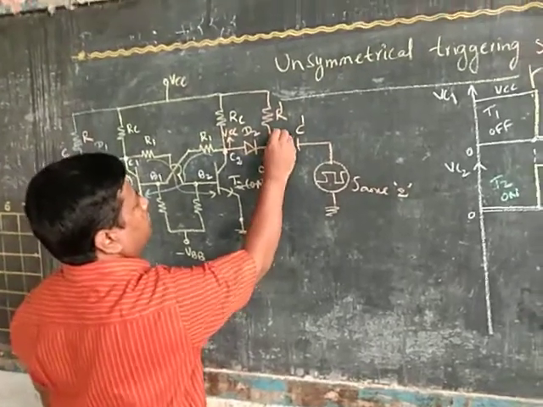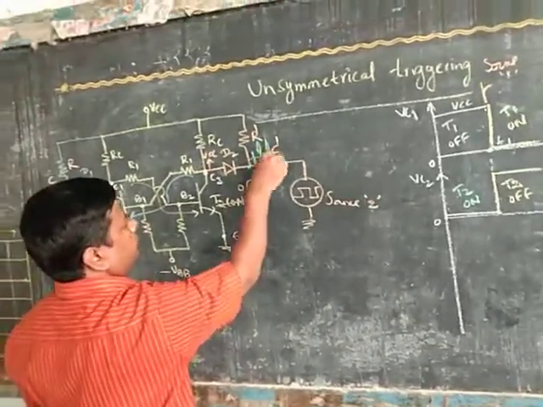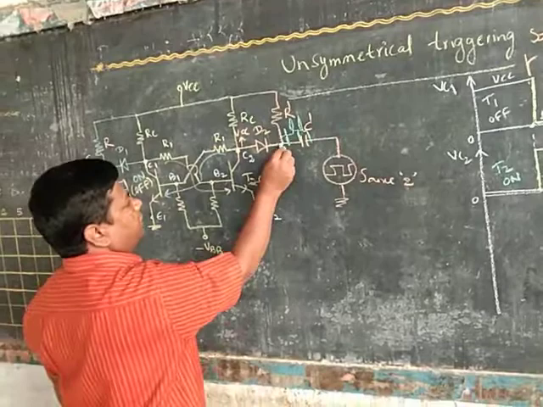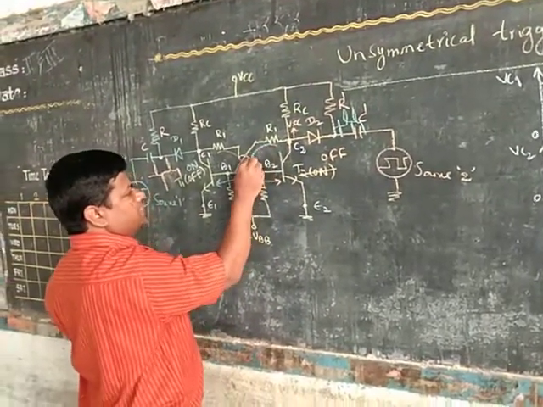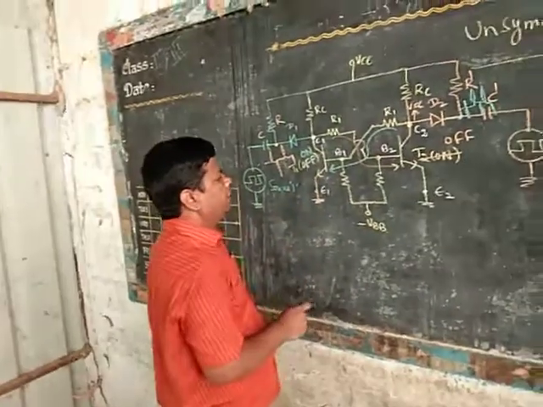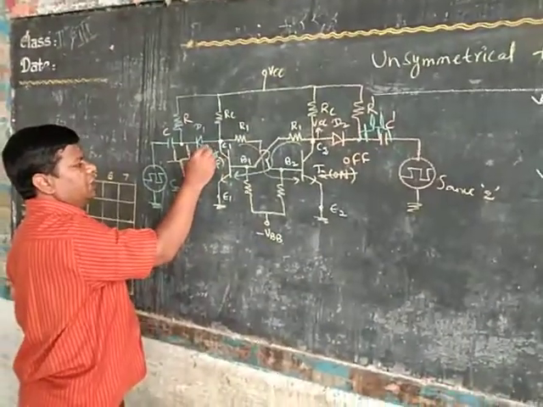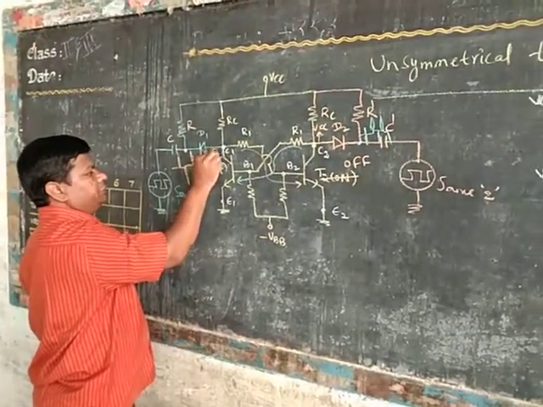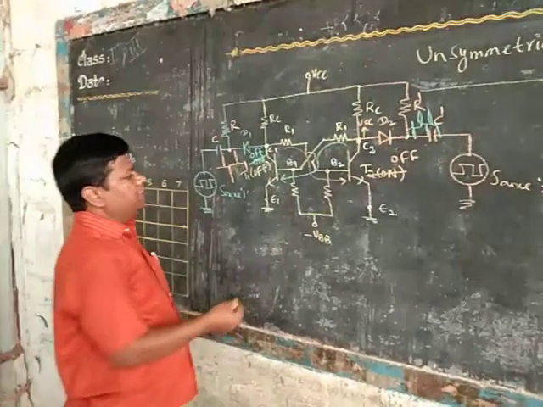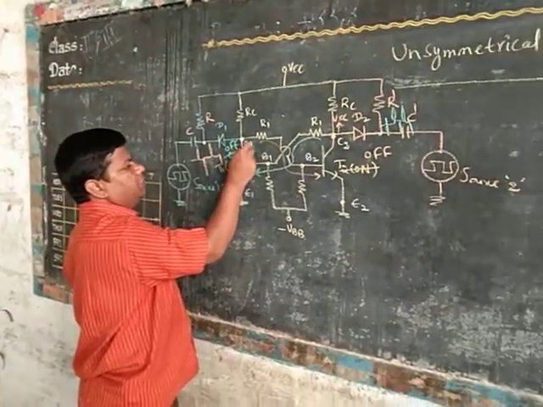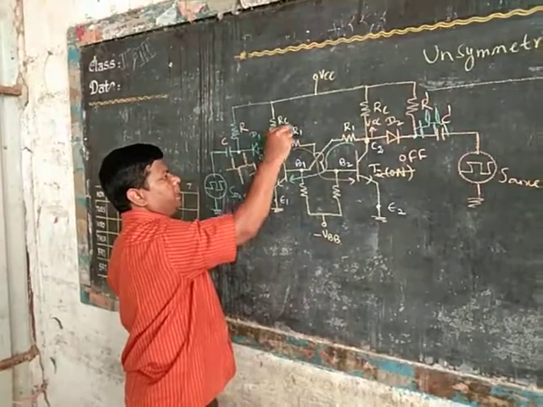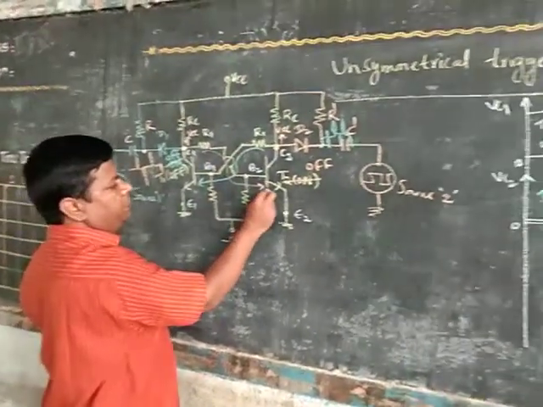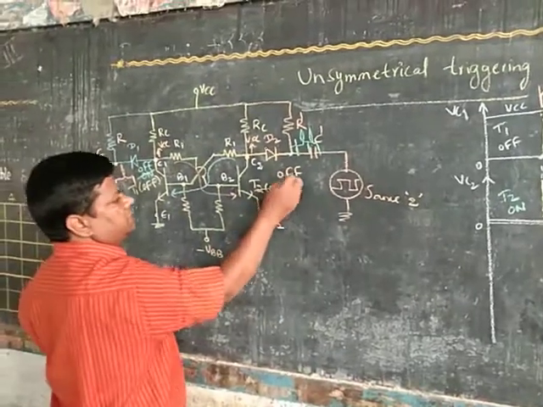Then the voltage at this node spikes. For negative spikes, this diode D2 conducts. This large negative voltage is applied to the base of T1 transistor. Again T1 enters into off. Whenever T1 enters into off, its collector voltage rises. This increased voltage is applied to the base of T2 transistor.